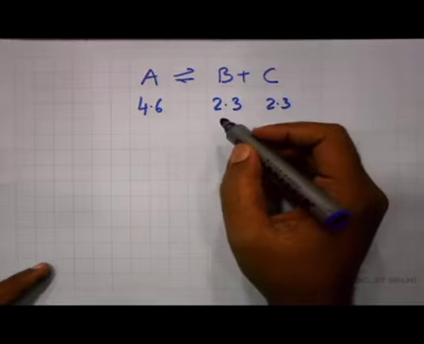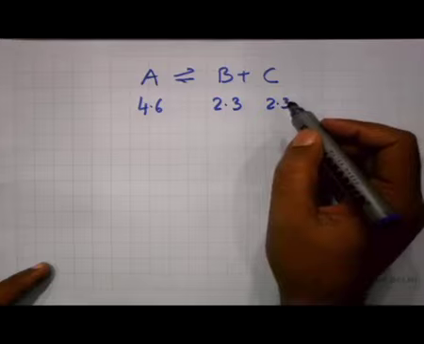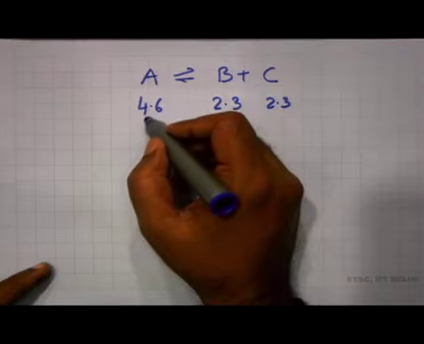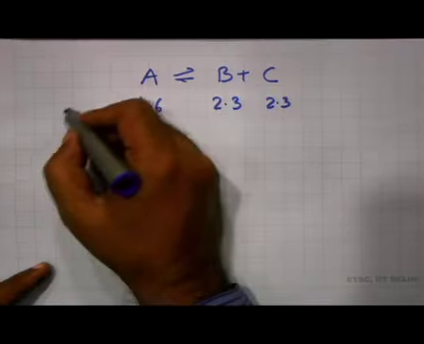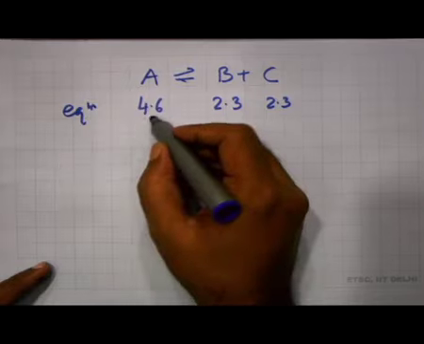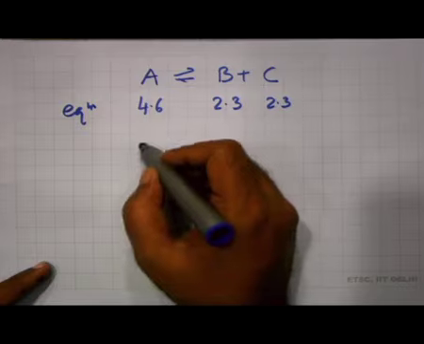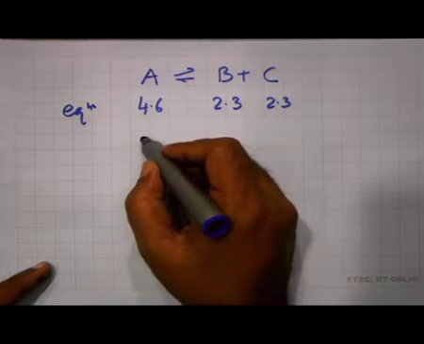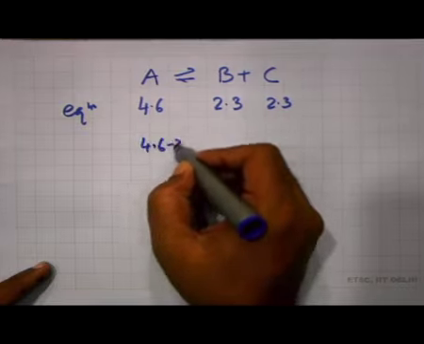Okay. But now the question is that 2 moles per liter of A is removed. So, basically this is equilibrium. What you are going to do is remove 2 moles of this, 4.6 minus 2.